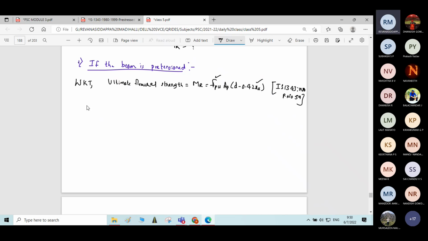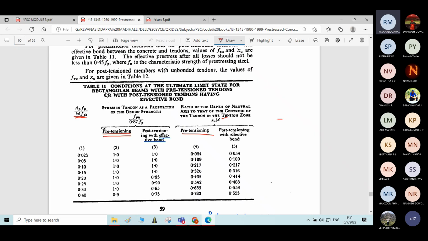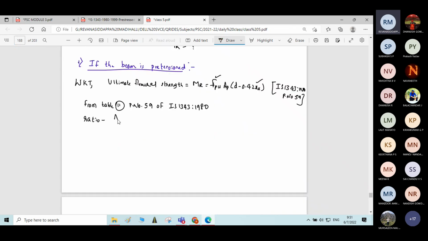From table 11, page number 59 of IS 1343 1980, the ratio Ap fp by b d fck is equal to: area of pre-stressing steel is given as 600, and fp value is given as 1600.